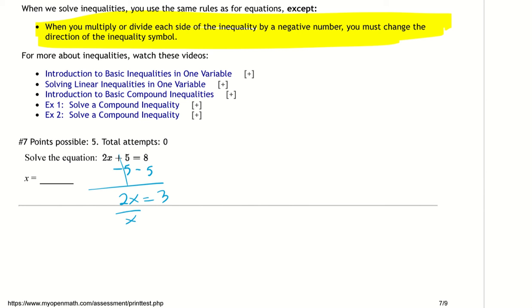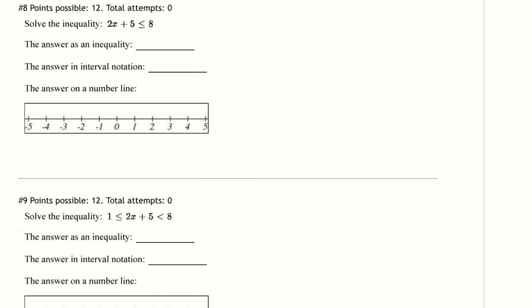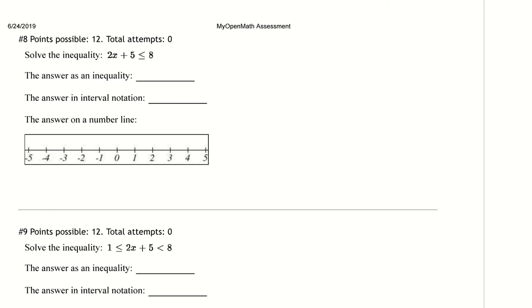2x equals 3, so I'm going to divide by the 2 on both sides. X equals 3/2, or 1.5, however you want to look at it. If it was an inequality, then I would do the same thing, but this time x is less than or equal to 3/2.